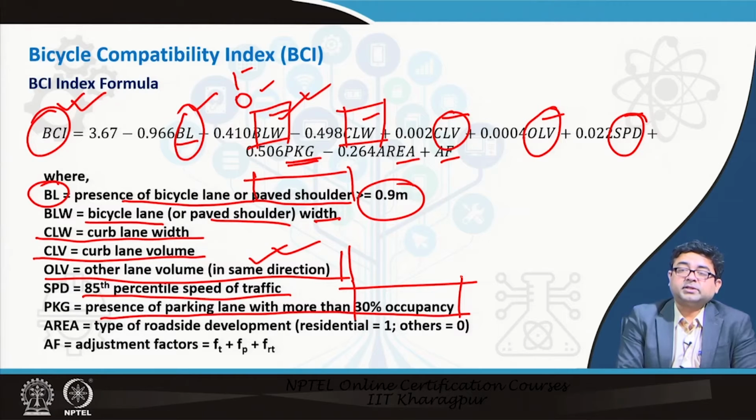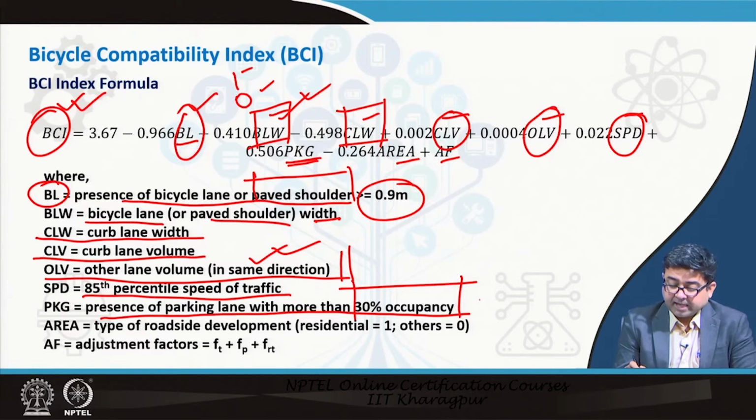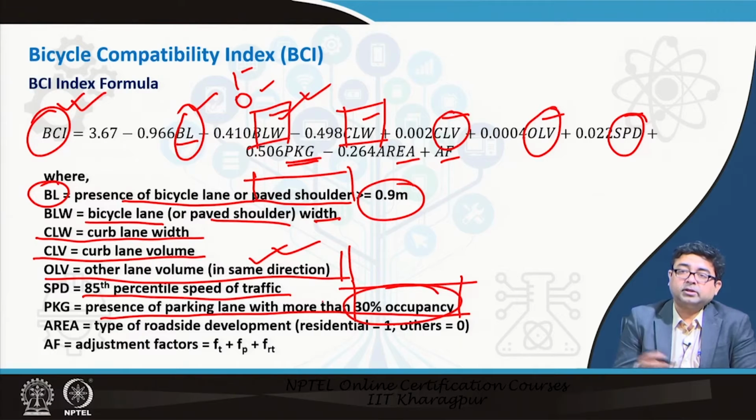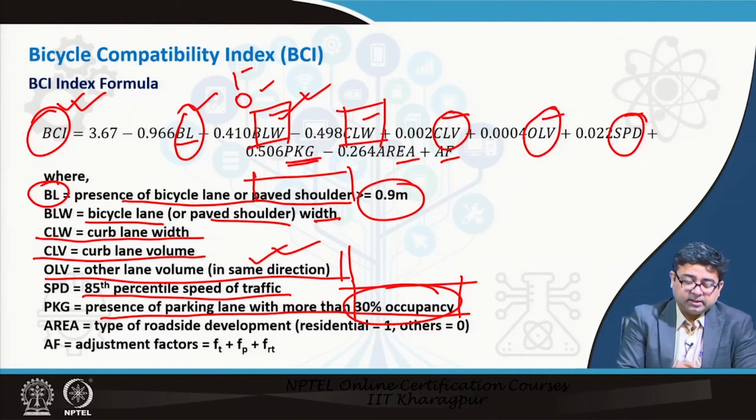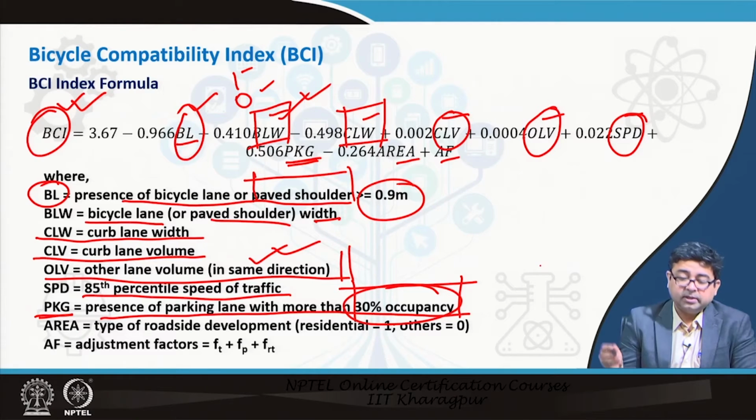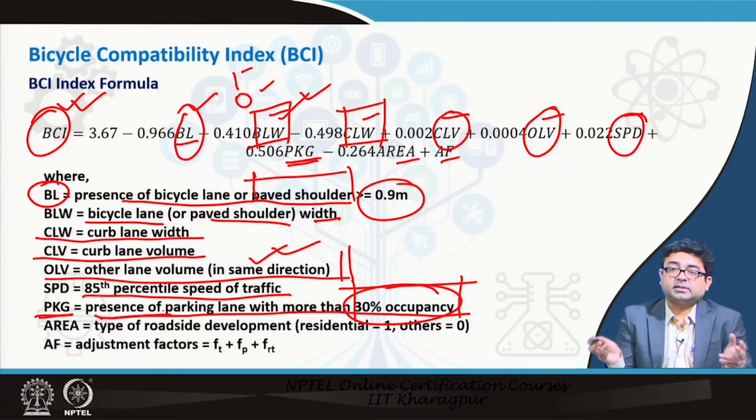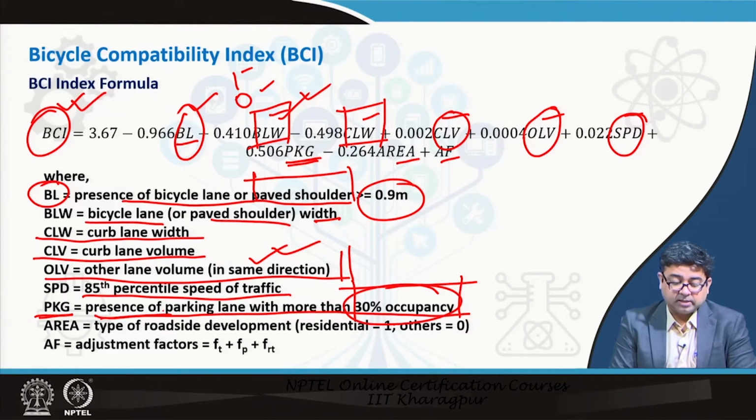So, if there is parking in that segment, and that parking lane is 30% or more occupied, meaning more than 30% of the spaces are filled with parked vehicles, then the variable PKG will be 1, otherwise it will be 0. Again, this is a 0 1 type of dichotomous variable, presence of parking lane, yes, no.